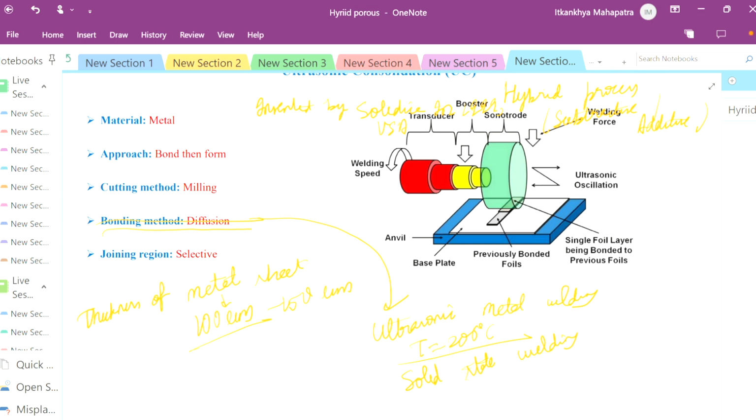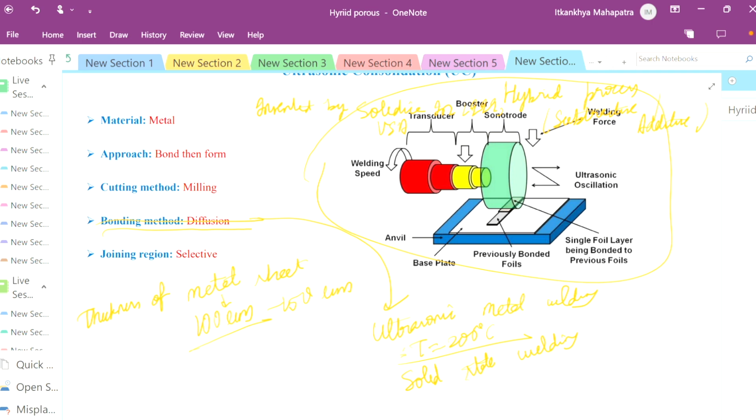Okay, and now we'll understand this entire setup. I just mentioned that this whole process takes place at a temperature of around 200 degrees Celsius, and it is solid state welding, there is no melting in the solid state.